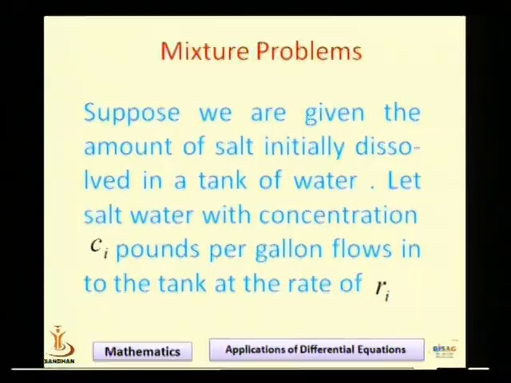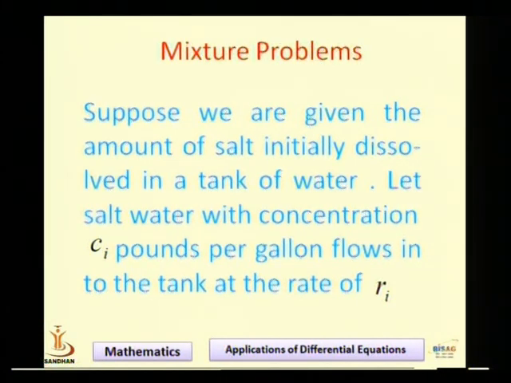So when you consider these situations, liquid is flowing into the tank and from the tank to outside. Then what do you want to find out? The concentration of a certain substance in it. How much will be the concentration of a substance after a long time in this situation, where liquid is flowing towards the tank and it is flowing out from the tank.